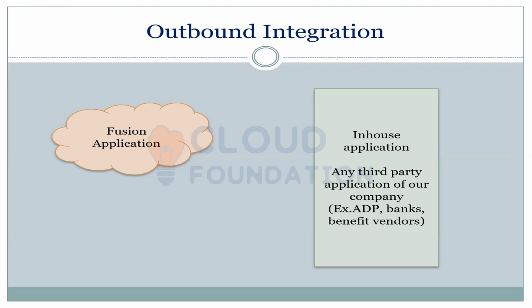That means I will not run the payroll from my own company; the third-party vendor will run my payroll. I will not take the pressure of handling the payroll of the employees, so I outsource everything to the third-party vendors. That is called outbound integration.